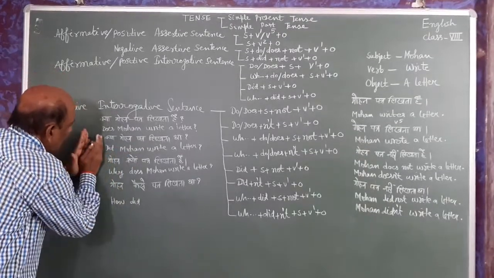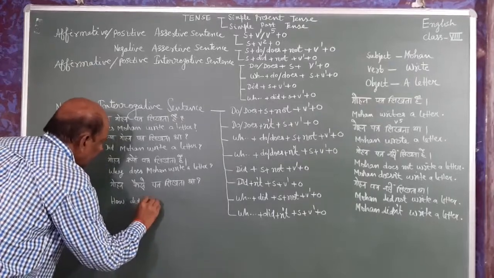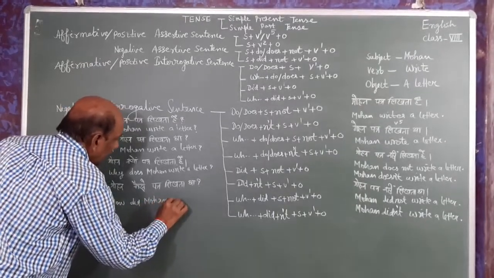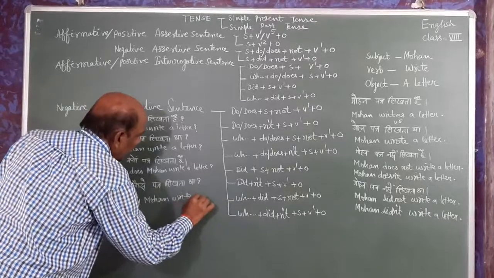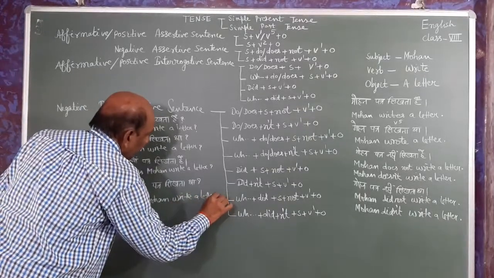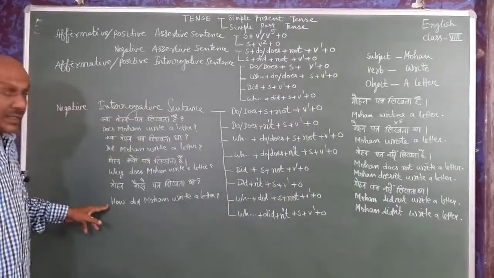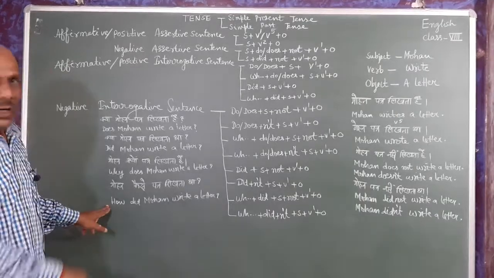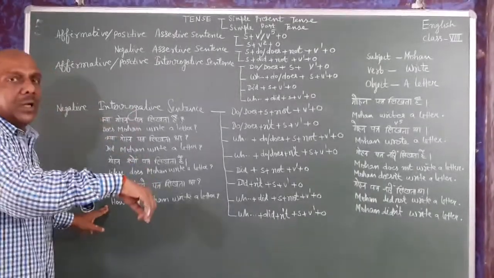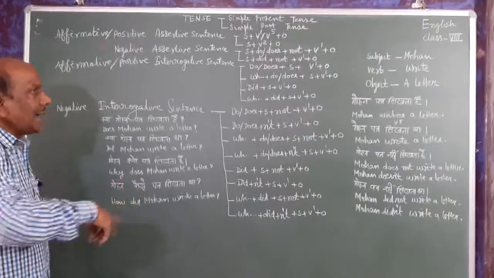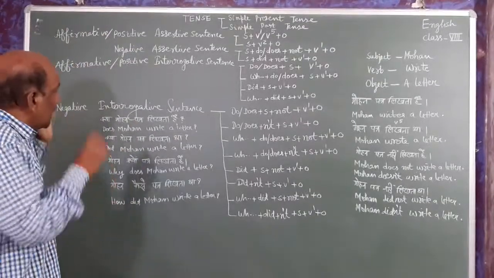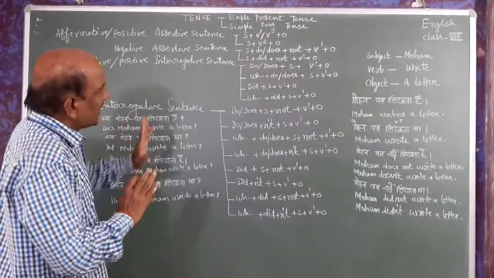We have to put how here. How did Mohan write a letter? Again, when did Mohan write a letter? Why did Mohan write a letter? Where did Mohan write a letter? And etc. There are so many examples. We have to follow each and every sentence.